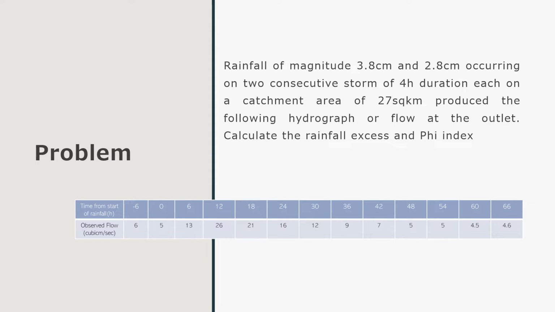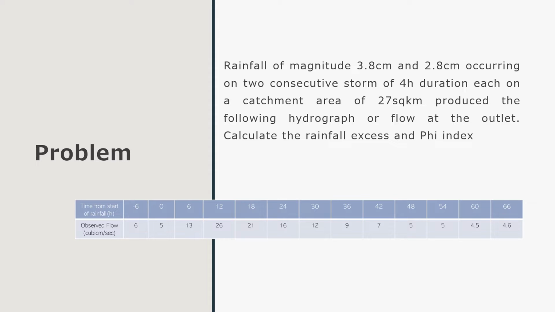The problem is like this: rainfall of magnitude 3.8 centimeter and 2.8 centimeter occurring in two consecutive storms, that means one after the other, for 4-hour duration each. One storm is of 3.8 centimeter and another storm is of 2.8 centimeter. Now this cumulative rainfall has generated a hydrograph whose data is given here.